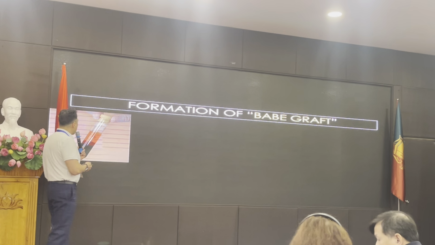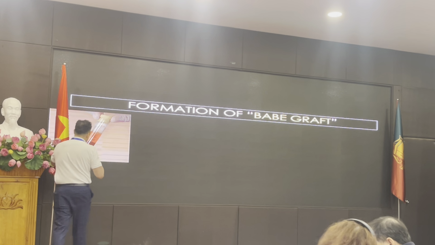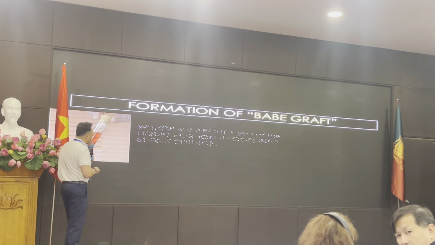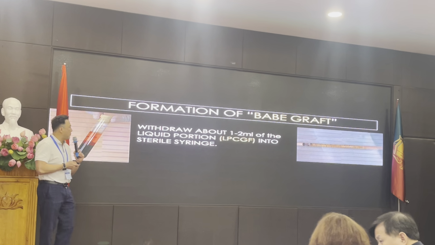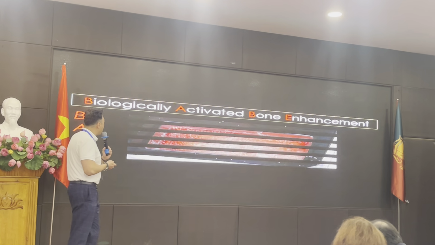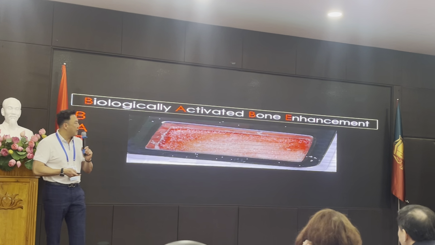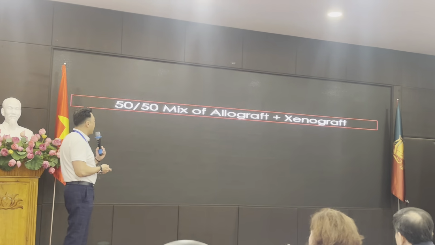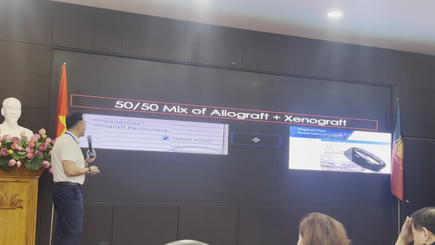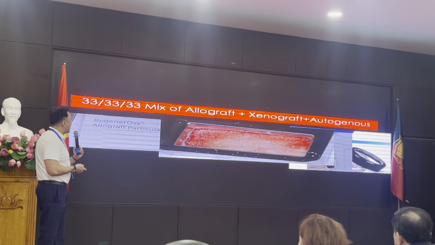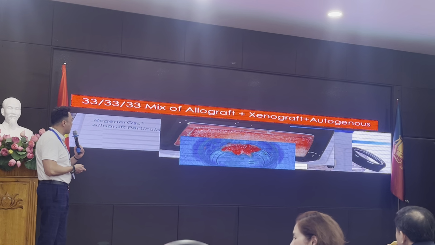And so there's the white or the yellow tube where we use the liquid portion. We want to use that to mix with the graft complex. By mixing and combining with the graft complex, what was once just particulate graft material all of a sudden becomes almost like a putty. So that's the graft complex: allograft, xenograft, mixing with the liquid portion, autogenous bone.